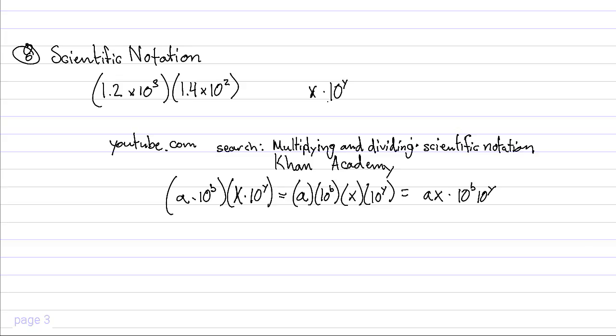And we know from our rules of exponents that that is equal to a times x times 10 to the b plus y. So, and we can convince ourselves that that's the case.